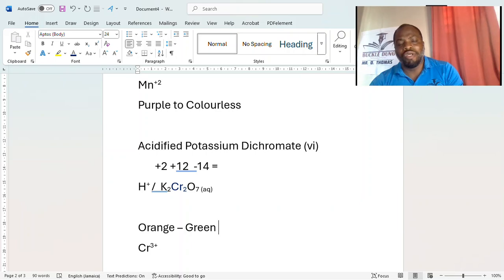As I said before, if you put it with the substance and nothing happens, more than likely you can deduce that it's probably an oxidizing agent. So in other words, if I put acidified potassium dichromate with acidified potassium manganate, nothing should happen in terms of their color.